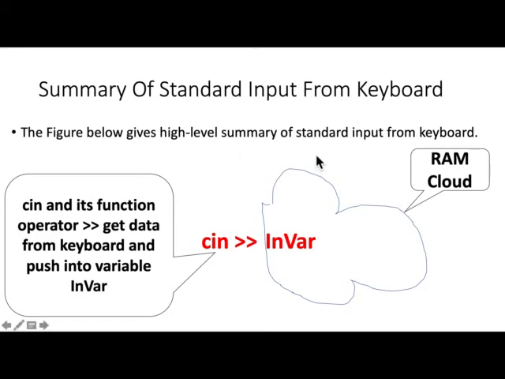So this is the summary of standard input from the keyboard. The figure below gives a high level summary. You have the RAM cloud, and you have a variable called invar sitting there. cin is a piece of software that is available to us, and somewhere from the keyboard we are going to type the data. cin and the extraction operator will grab it and put that into this variable called invar, which is sitting in the RAM cloud.